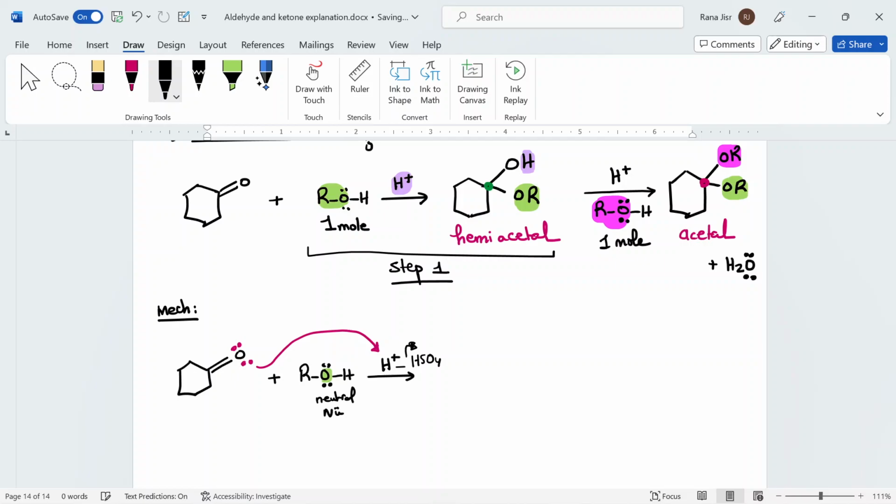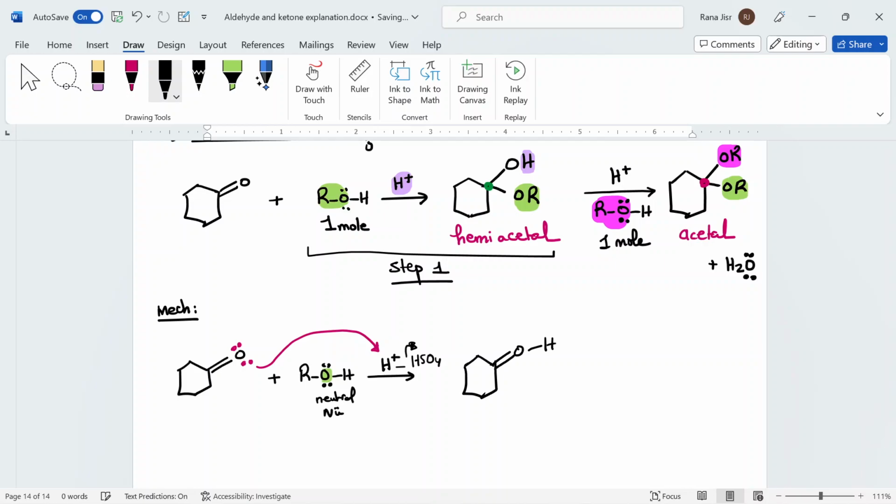Normally I don't even mention it, but it's found in the solution. So if I need any base in the solution, instead of using the alcohol, I can use the HSO4 minus to pick up any extra hydrogen and return back into H2SO4. So the first step is the protonation of the carbonyl.